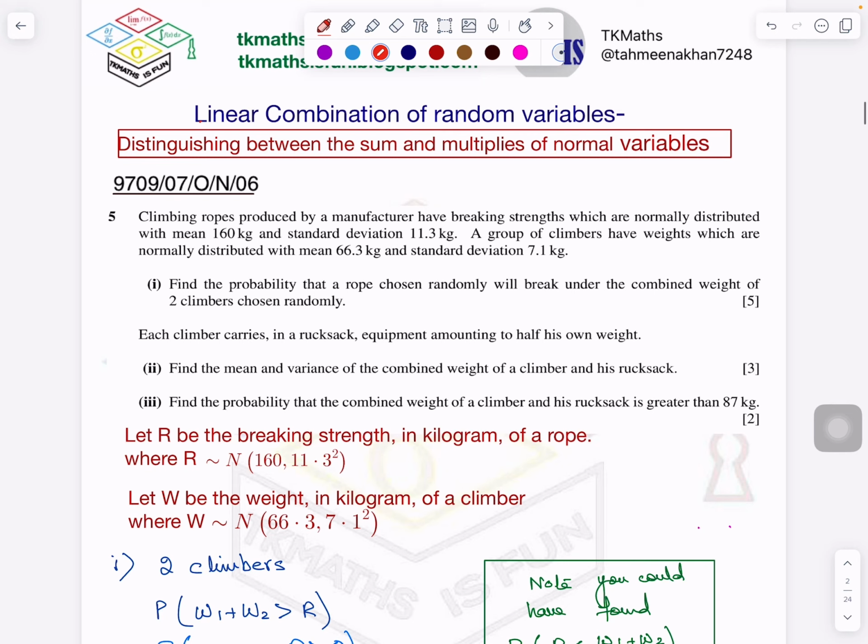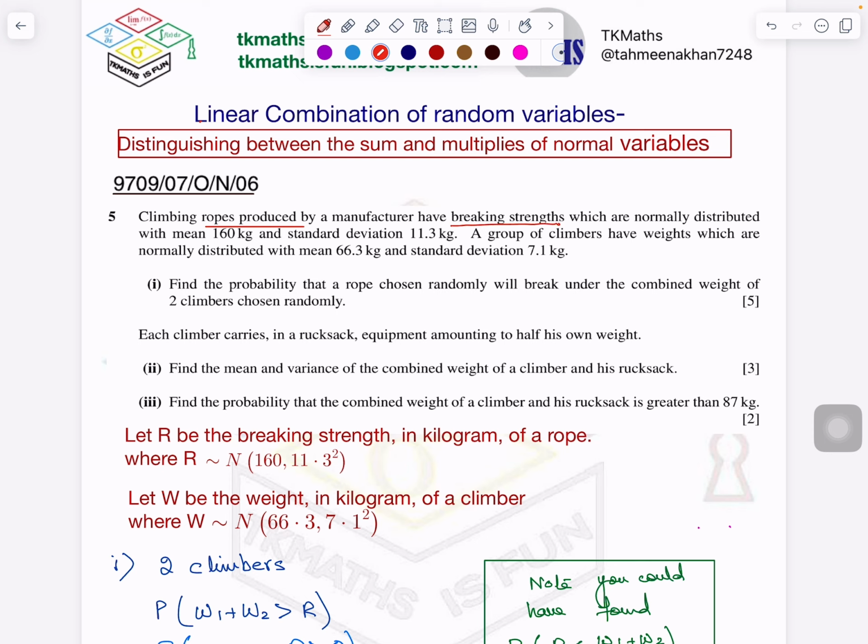So let's see the example here. This is a past paper question, November 06. I have taken basically 3 or 4 questions to explain, and in each video I will just explain one question. The link will be in the description below for the other videos. In this case, we are talking about climbing ropes. Of course, these ropes have a certain breaking strength.